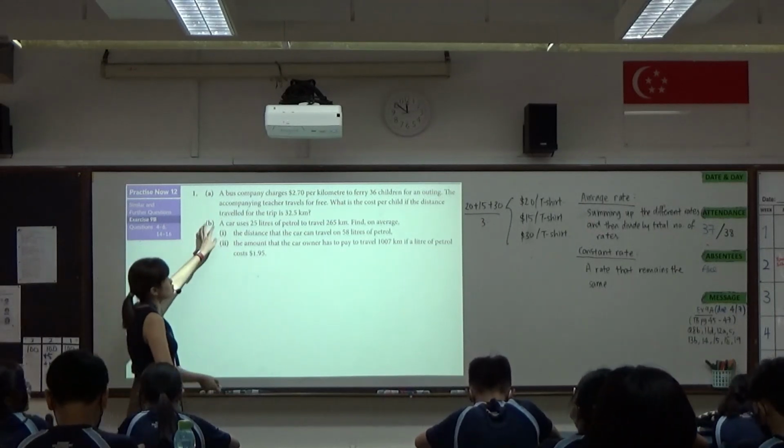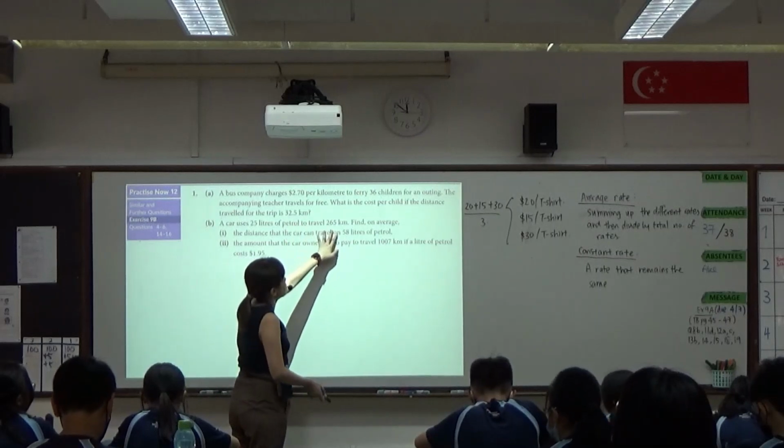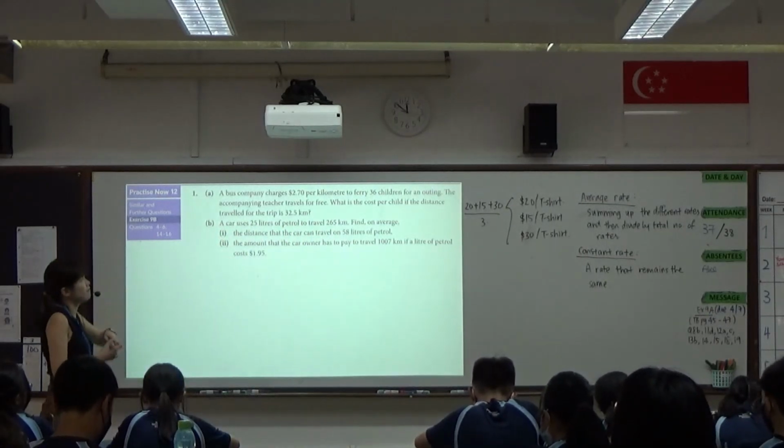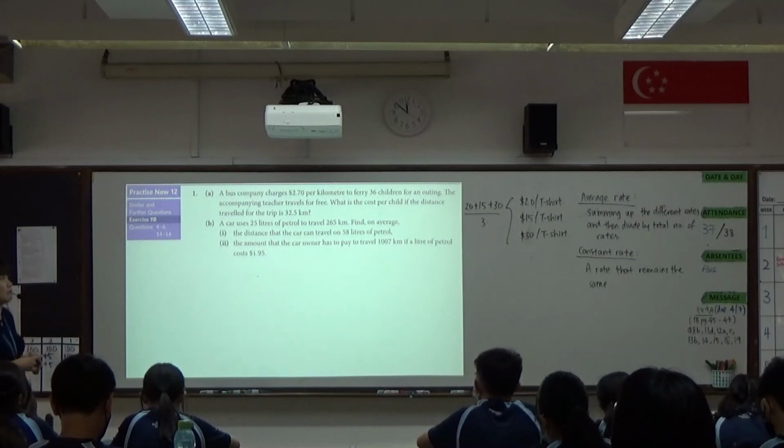The teacher travels for free. What is the cost per child if the distance traveled for the trip is 32.5 kilometers?